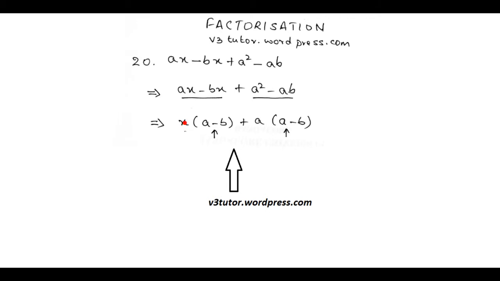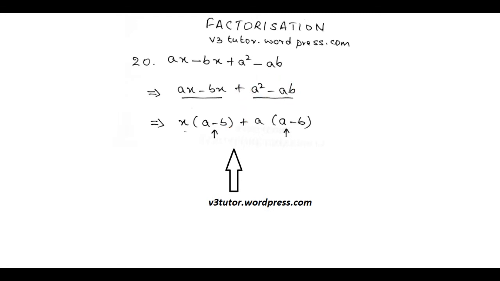So we take out x and open the bracket, write whatever is remaining. So in ax, when you remove x, a remains, this minus carries over here, and in bx, when you remove x, what remains is b. So here when you take out x, you get x into a minus b. This plus is carried over here.